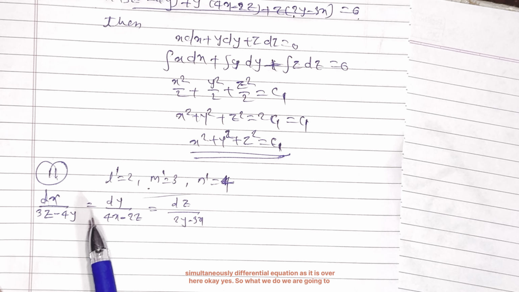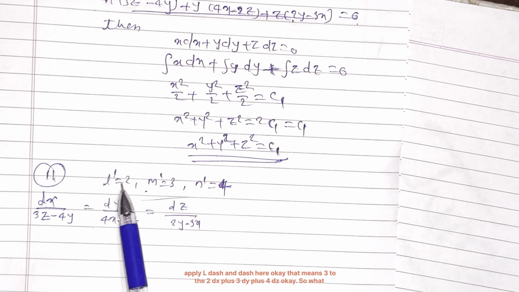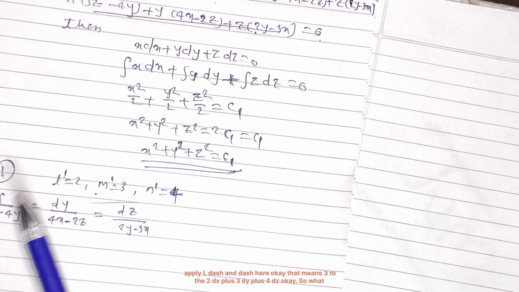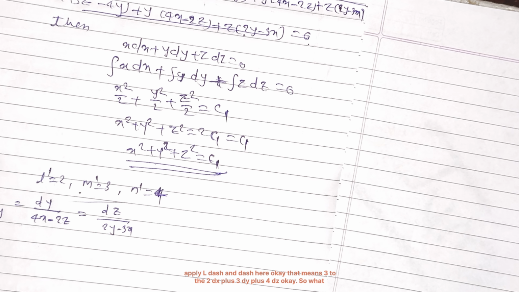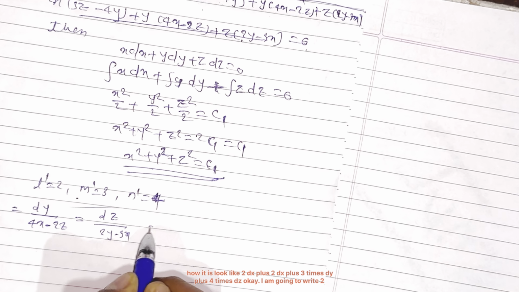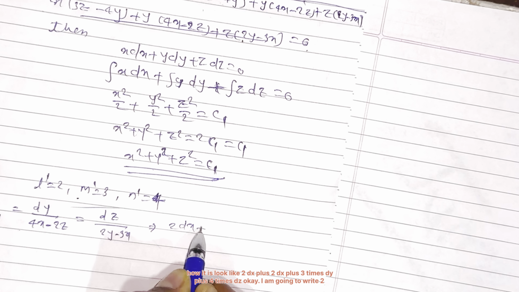So what we do, we are going to apply L dash, M dash, N dash here. That means 2 dx plus 3 dy plus 4 dz.